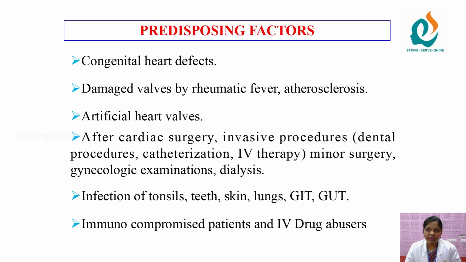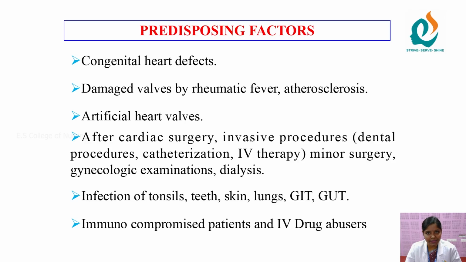The predisposing factors. Congenital heart defects are one of the predisposing factors. Next, damage to the valve by rheumatic fever, atherosclerosis and artificial heart valves.